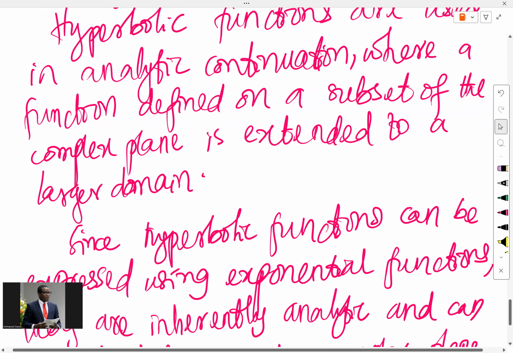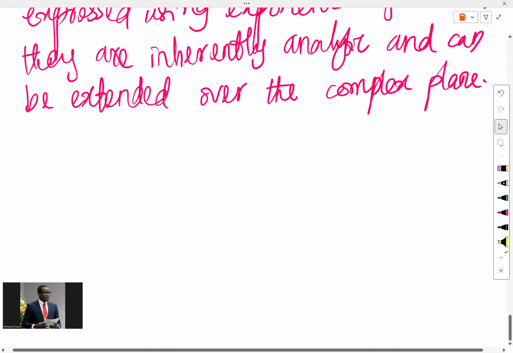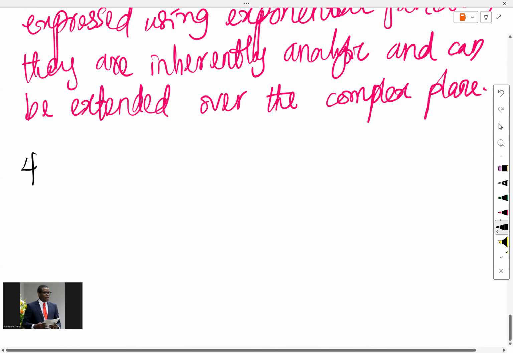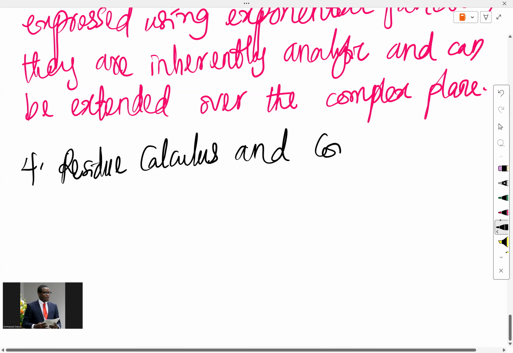So from that, we move to the final application we'll be considering for now, which is residue calculus and complex integration.